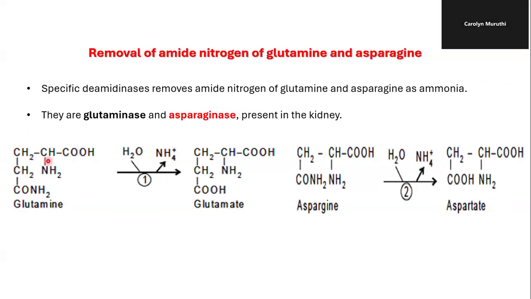So how then do we remove the amino group at their side chains? And this is done by specific enzymes. For glutamine, we have glutaminase, which is able to remove the amino group as ammonia in the presence of water to give us glutamate, whereas we have asparaginase, also present in the kidney, removing the amino group from the side chain of asparagine using water to give us aspartate.